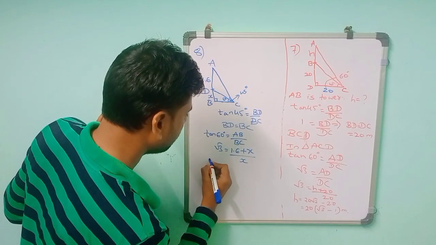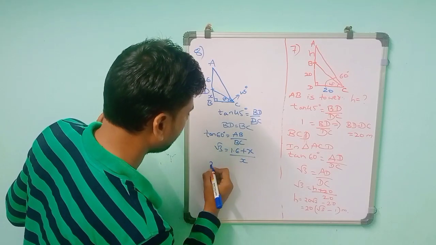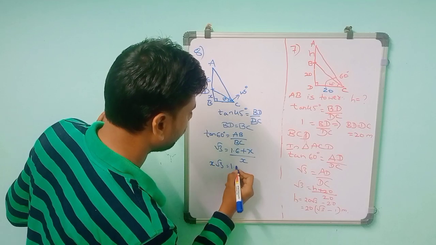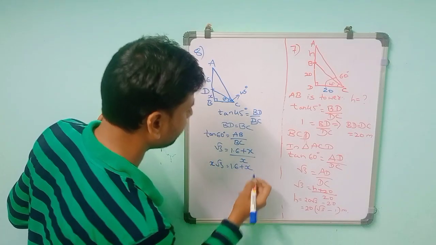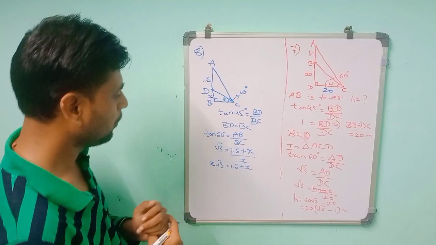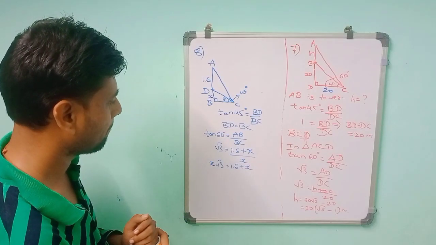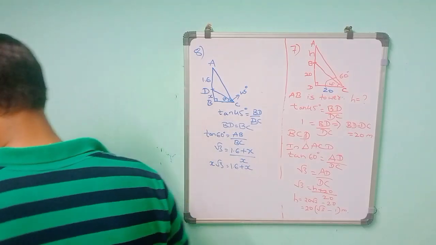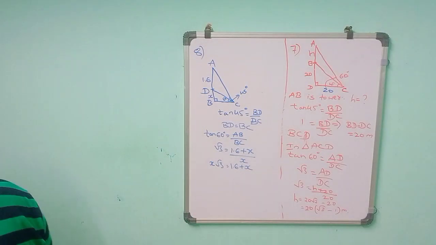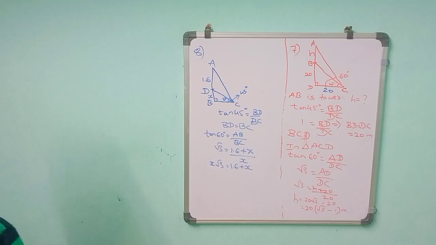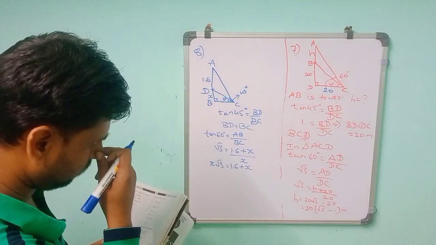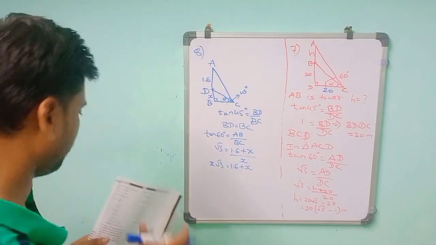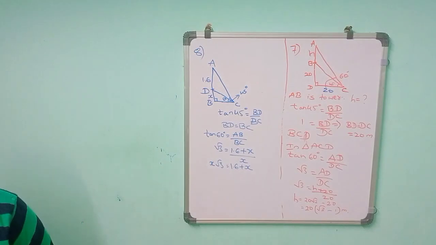So this will be x into root 3 equal to 1.6 plus H. So x root 3.